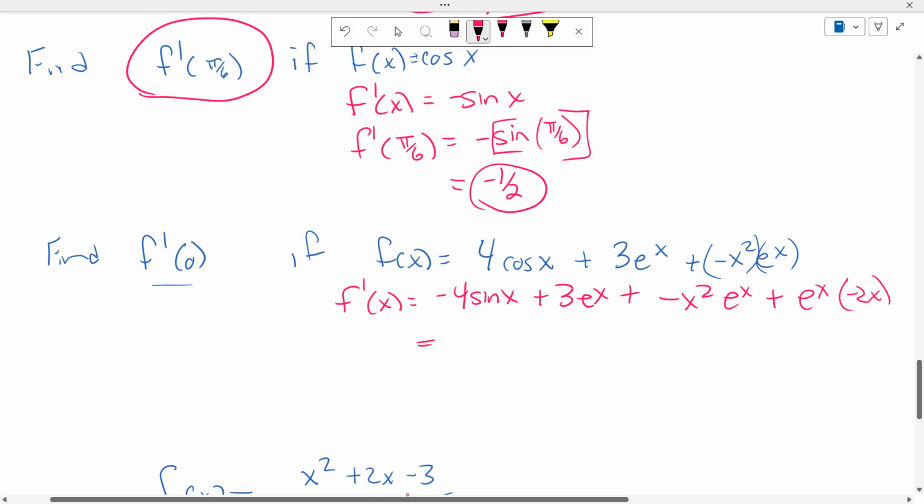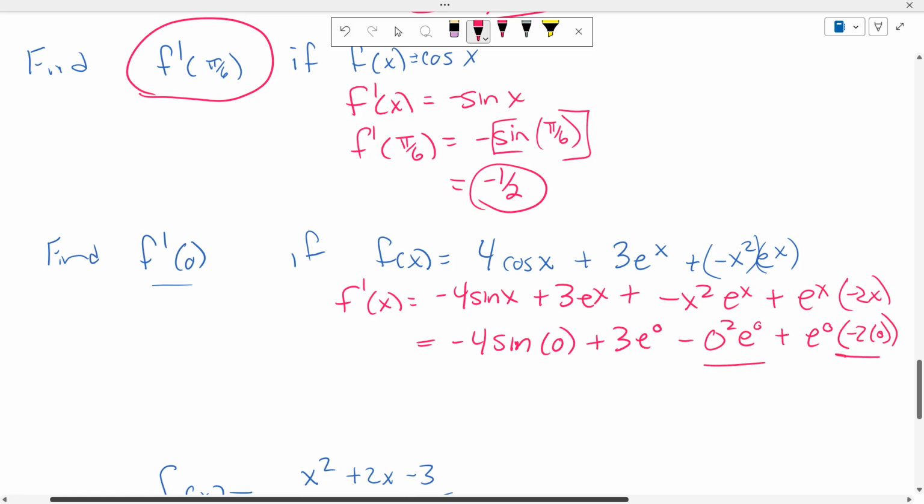So it is negative 4 sine of 0 plus 3e to the 0 minus 0 squared e to the 0 plus e to the 0 times negative 2 times 0.